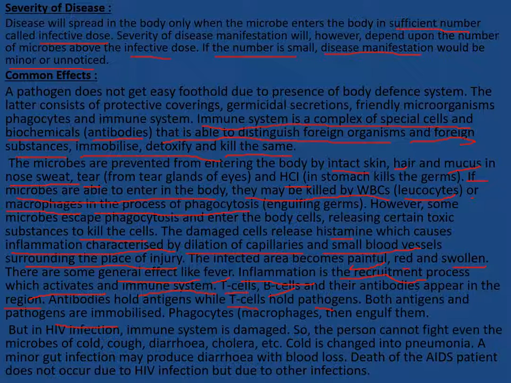But HIV infection directly affects our immune system. So the person cannot fight even the microbes of cold, cough, diarrhea, cholera, etc. Due to the failure of the immune system, these persons are not able to fight small microbes.